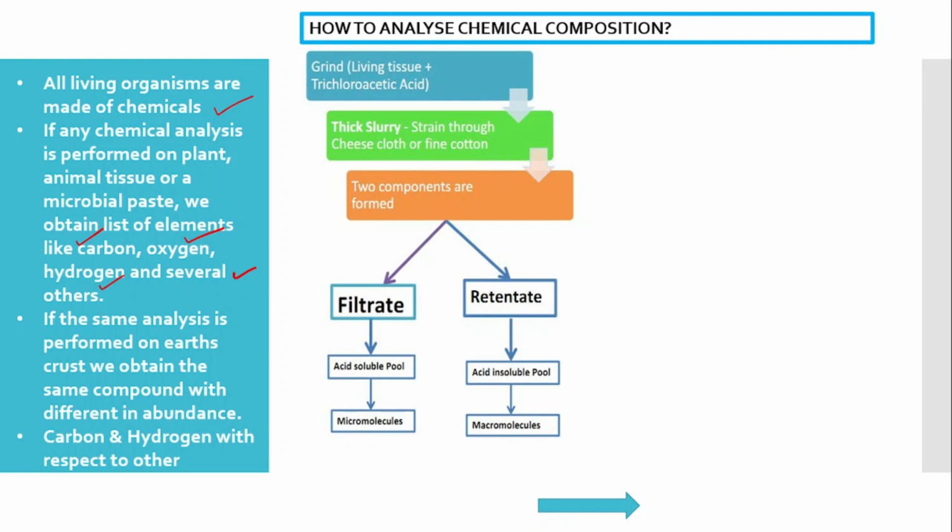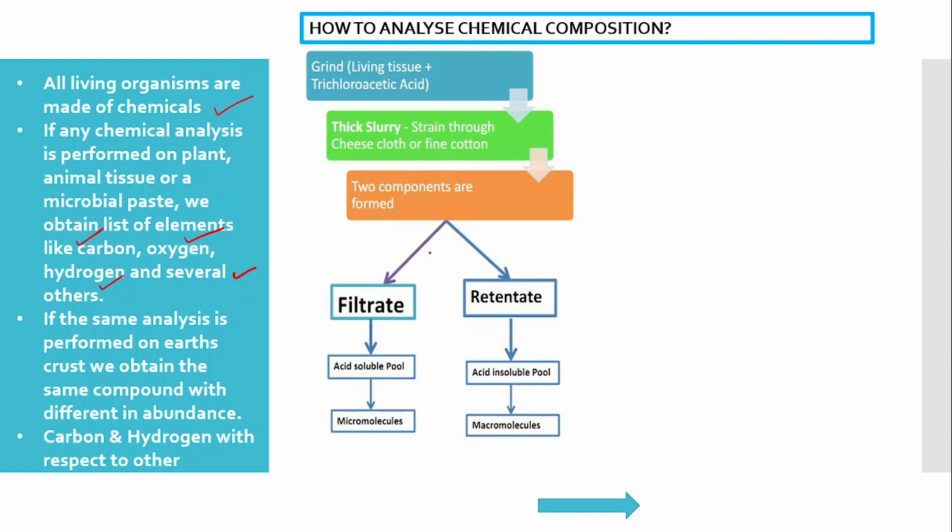In higher classes you will learn more about chemical analysis. Here, we take a living tissue like a plant, or a wet liver, and grind it with trichloroacetic acid. What you get is a thick slurry. Strain it through cheesecloth or fine cotton, as a filter.